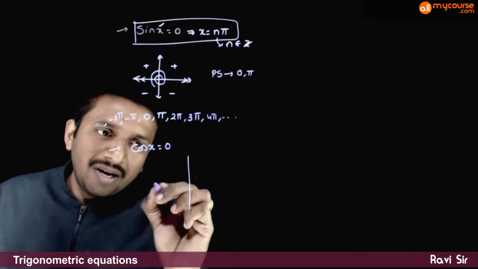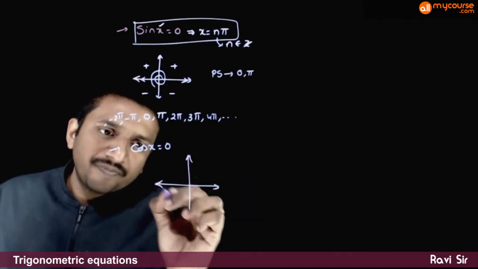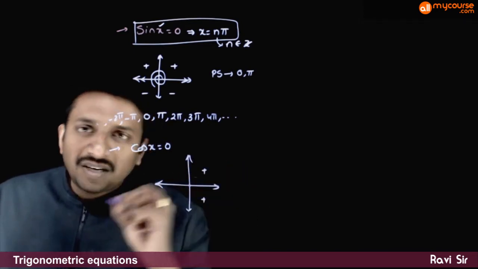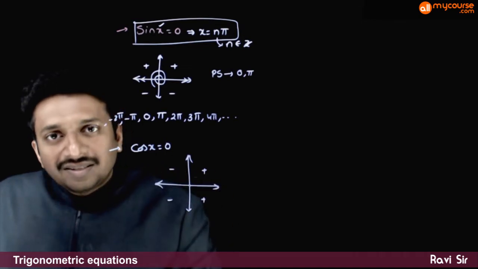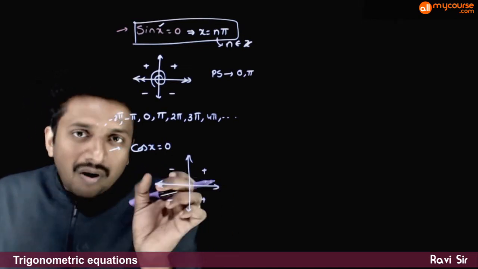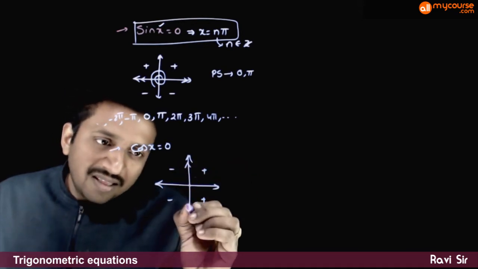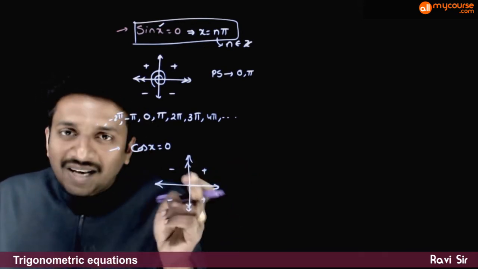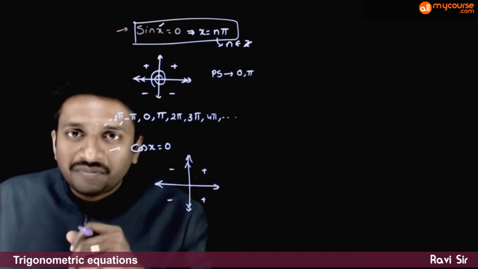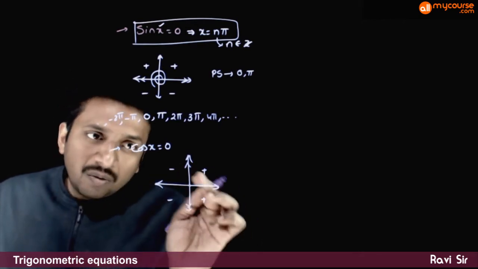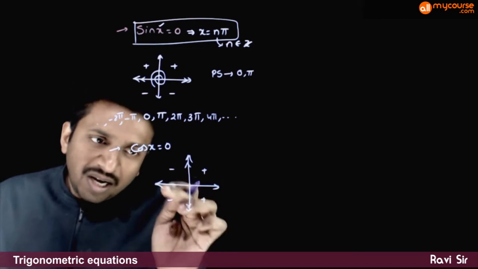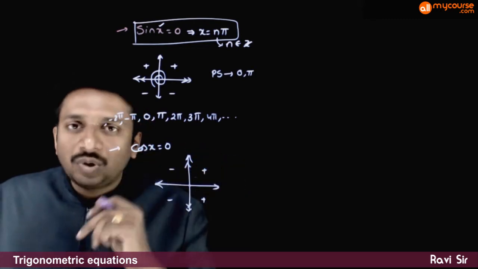If you draw the quadrant diagram for cos, it is positive in the first and fourth quadrants, negative in the second and third quadrants. So cos x will be 0 at this position of the ray and this position of the ray. Cos 90 is 0 and cos 270 is 0. It starts with 1, it goes to 0, it goes to minus 1, it comes back to 0, it again goes to plus 1.